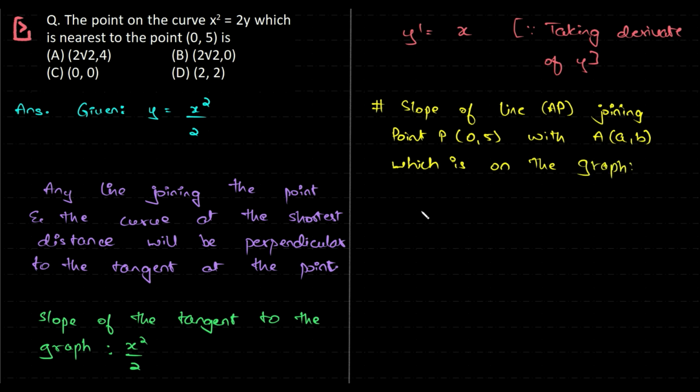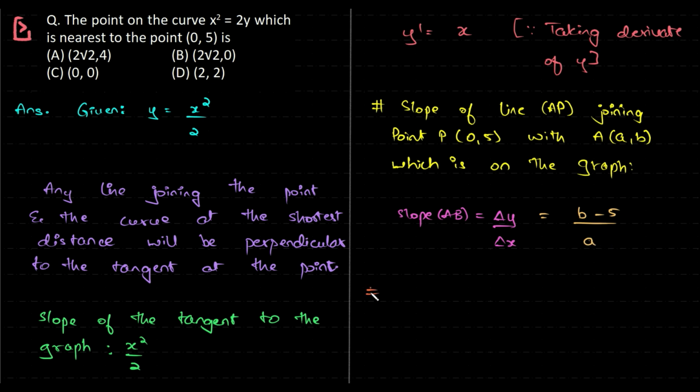So how do you find a slope? The slope of AP is delta y by delta x. You guys are big enough to understand this. So y2, I'm going to take as b minus 5, divided by a minus 0.